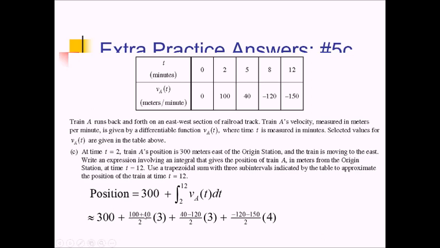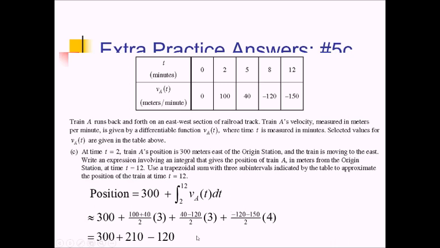So we have 100 plus 40 is 140. Divided by 2 is 70. 70 times 3 gives us 210. And for this next one, this is going to be negative 80 over 2, so negative 40 times 3 is negative 120. And finally here, we have a 4 over a 2 here that we can cancel. So this is going to be negative 270 times 2, which is going to be, well, that's a big number.